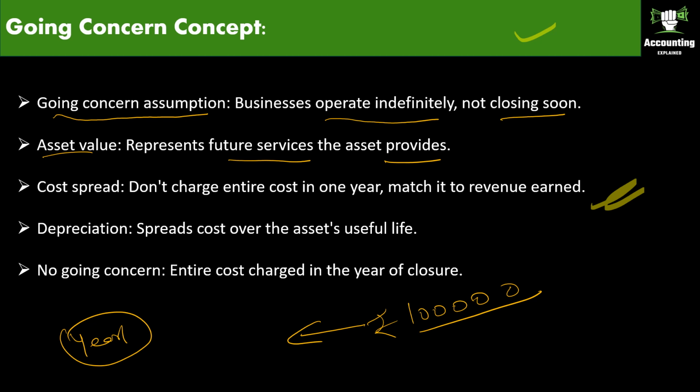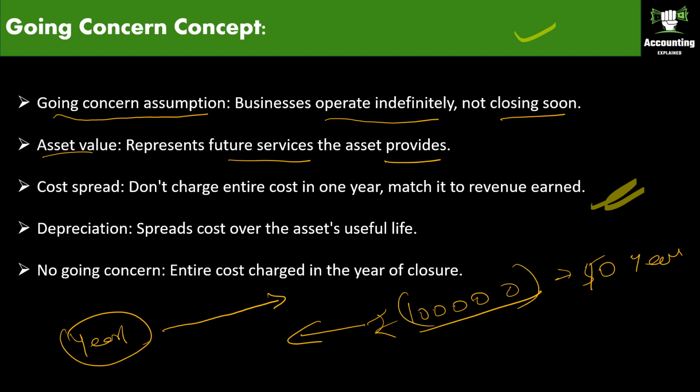So we assume that your stall will keep making tea for a long time. When you buy the machine, they will tell you the life of the machine is 10 years or 5 years, etc. So let us assume the life of the machine is 10 years. So this 1 lakh is not going to be taken in year 1. It is going to be spread over 10 years, the life of the machine.